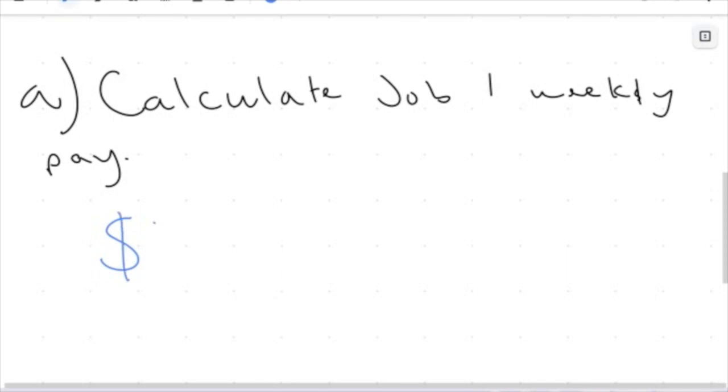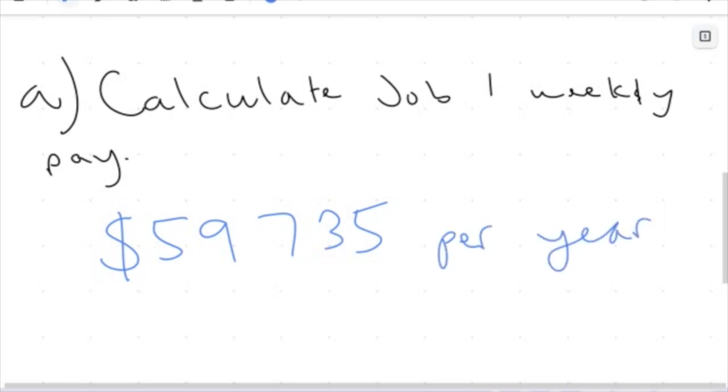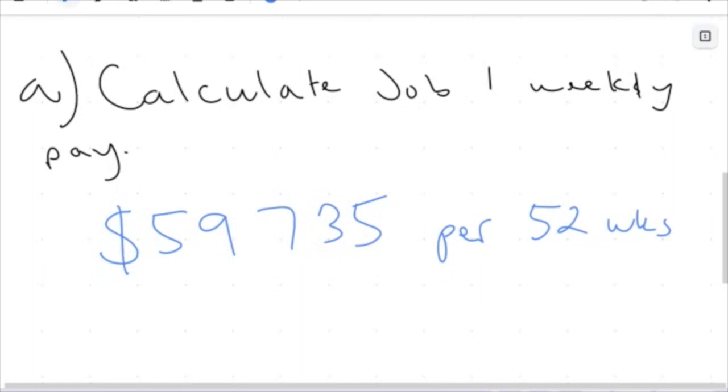So we have 59,735 per year. Now, how many weeks are in a year? Well, we have 52 weeks in a year. So we can write this per year as per 52 weeks.